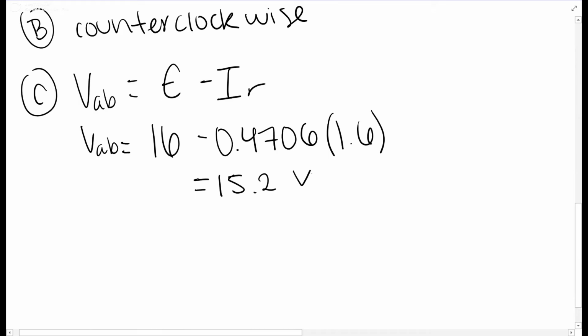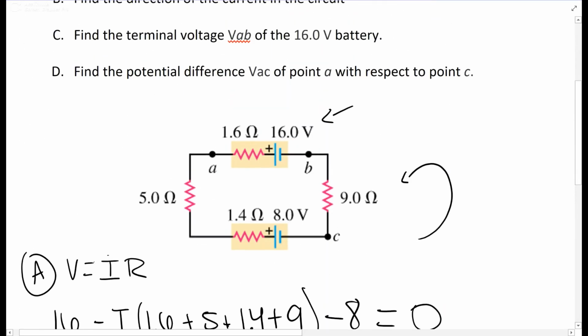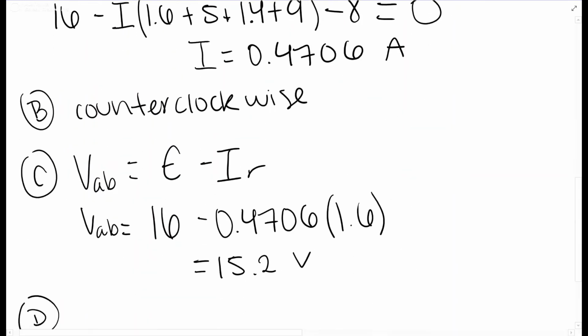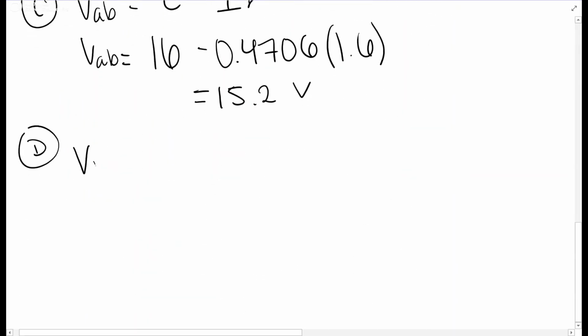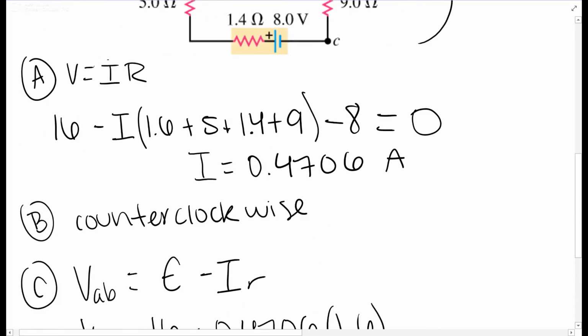15.2 volts. Okay, D is a little bit more difficult, very similar. Find the potential difference VAC of point A with respect to point C. So VAC, we still have this equation that we just used, but we have to make some changes.